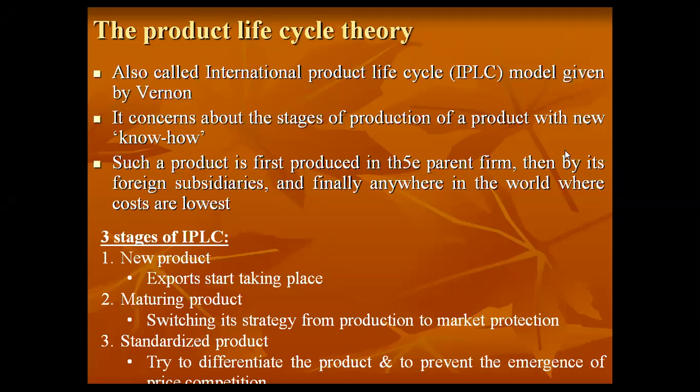During this new product stage, the firms sell most part of their product in the domestic country and a limited part in other countries. As we have seen even in the ethnocentric approach, companies produce goods for the domestic market. Part of it would be exported to other countries just to fatten their profits. But their intention of producing that product is not for exporting. That's for local consumption.